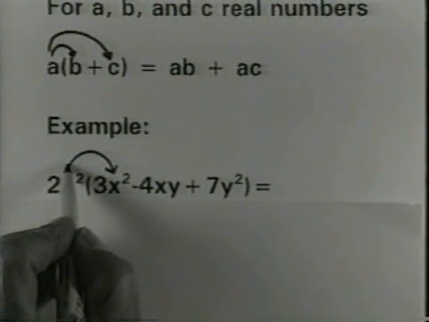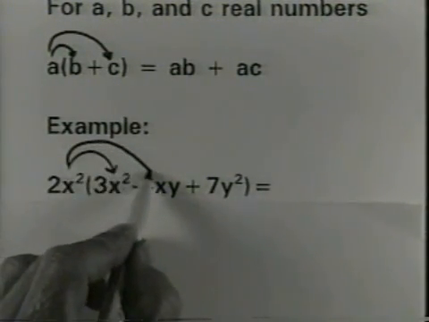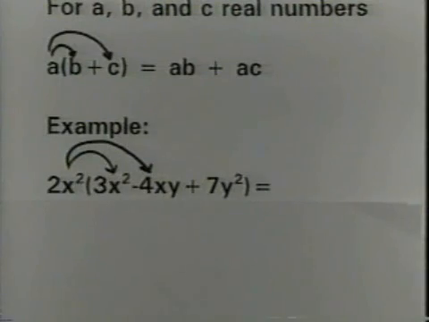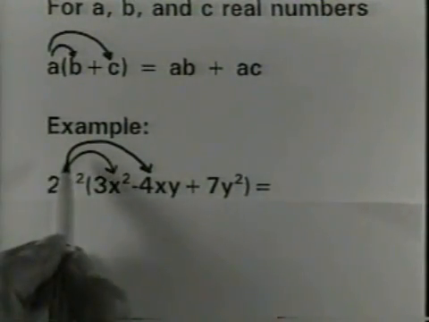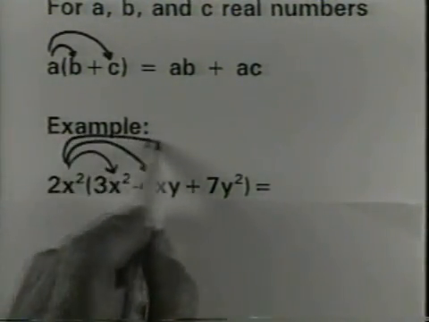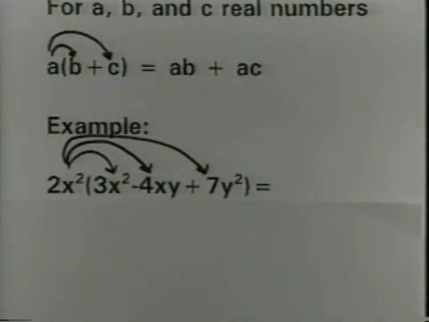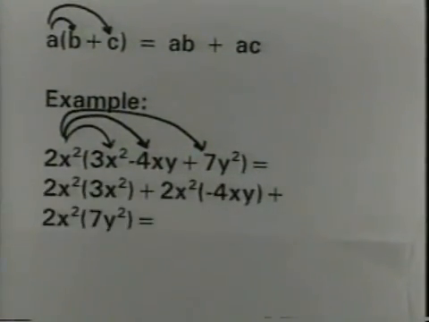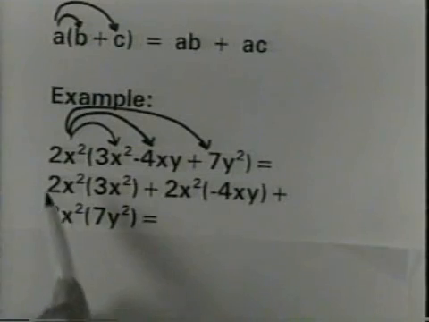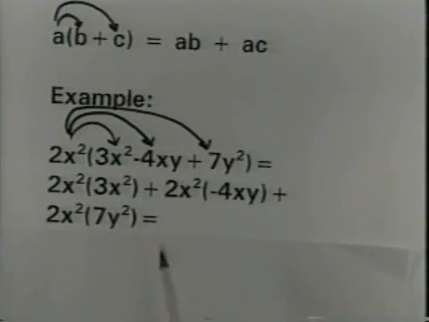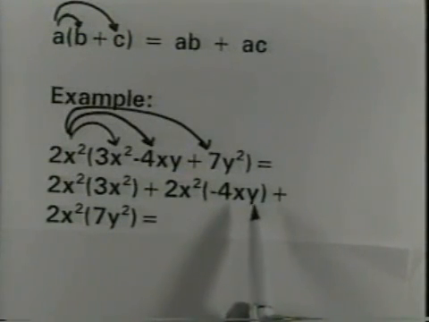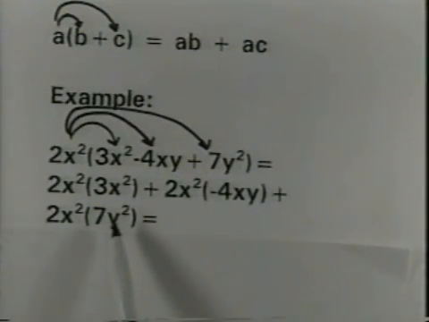Then I multiply the 2x squared by the negative 4xy. And finally, I multiply the 2x squared by the 7y squared. I can write the multiplication as the 2x squared times the 3x squared, the 2x squared times the negative 4xy, and the 2x squared times the 7y squared.